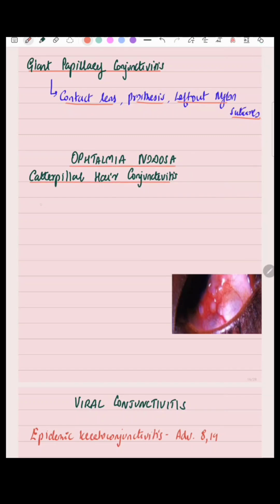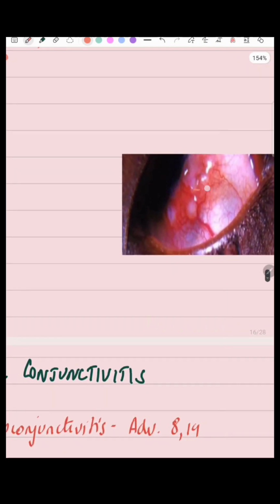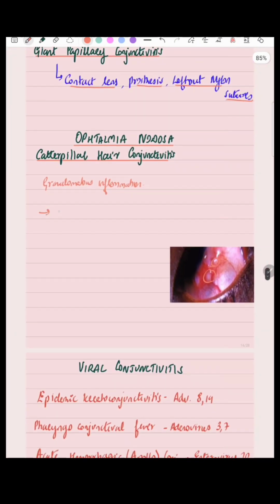It is a granulomatous inflammation of conjunctiva forming a nodule on the bulbar conjunctiva in response to irritation caused by a retained hair of caterpillar. Treatment is excision biopsy. You have to do excision biopsy.